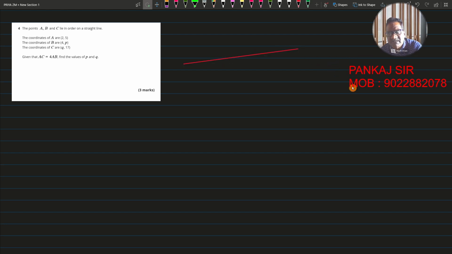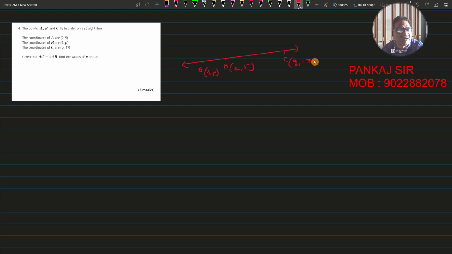So let this be a line, and let the 3 points be, say, this is A. The coordinates are 2, 5 for A, and for B, the coordinates are, say, 4, P, right? And for C, the coordinates are Q, 17.